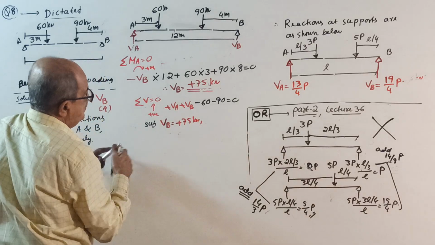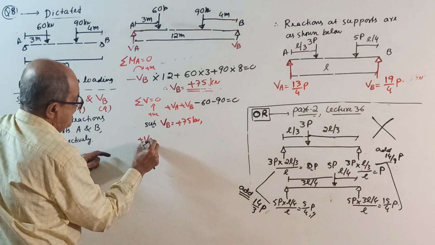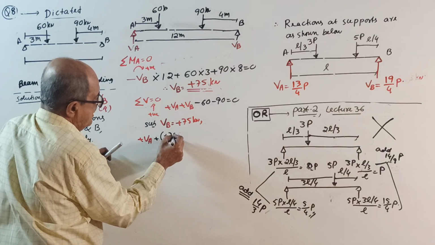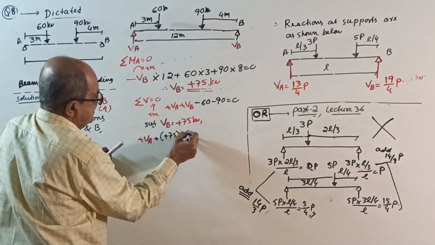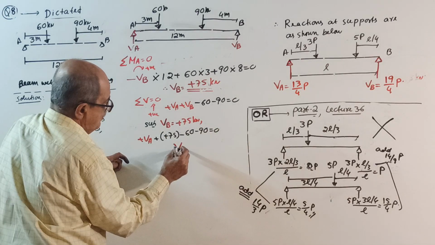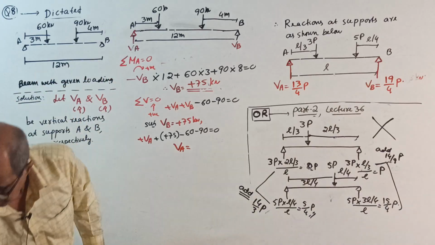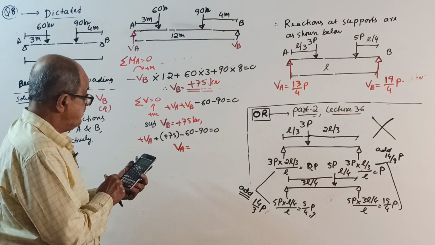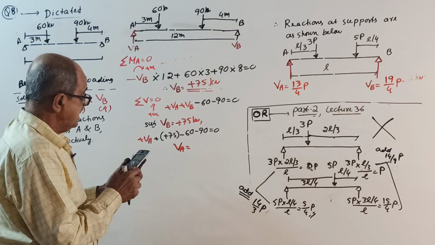Then you get plus VA plus 75 minus 60 minus 90 equal to 0. Your VA will come 75. Oh, both are equal. 150 minus 75. Both are equal.